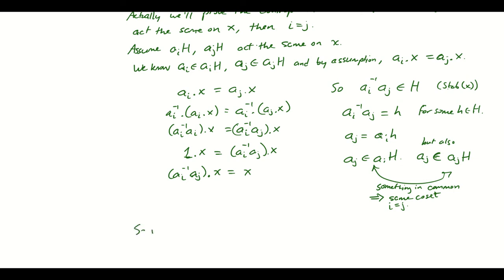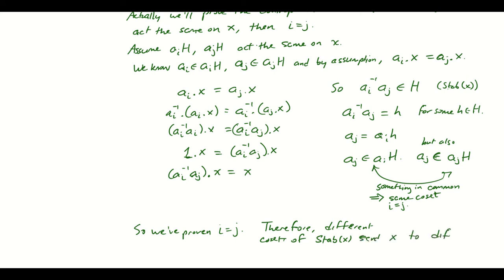So we've proven that I equals J, and therefore different cosets of the stabilizer send X to different things, different elements of the orbit.